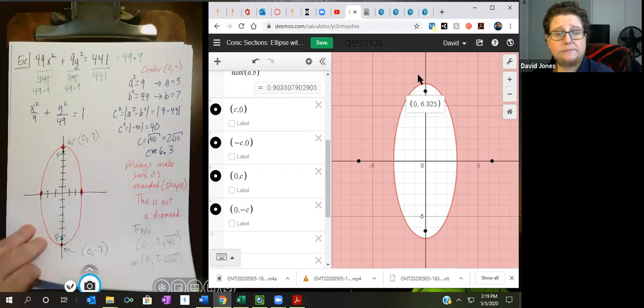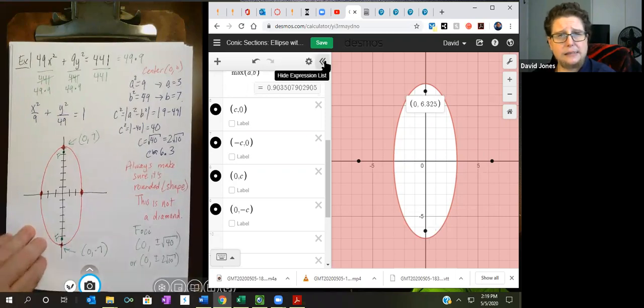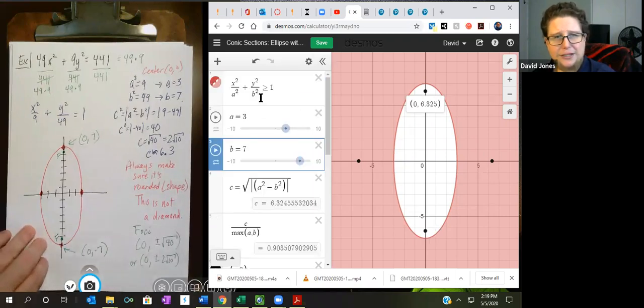Okay. And notice I haven't had to change anything in here. By keeping A with X and B with Y, all you have to do is change the parameters in Desmos and everything else updates.